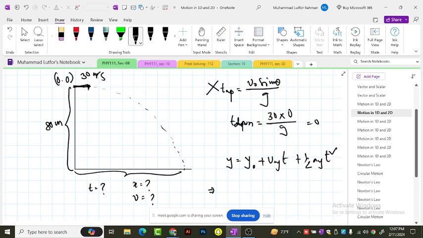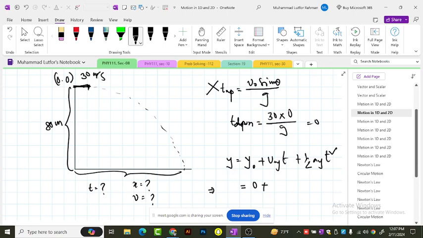If I choose the origin at the top point, what should be my y naught? It will be 0, sir. Yes. What should be the v naught y? So it also will be 0.